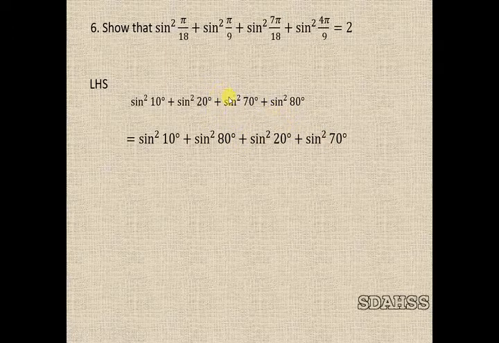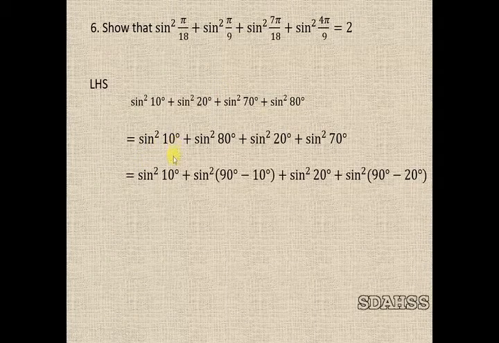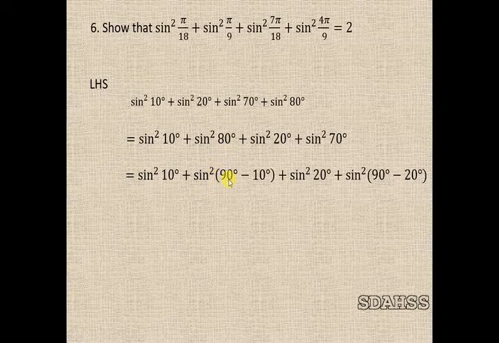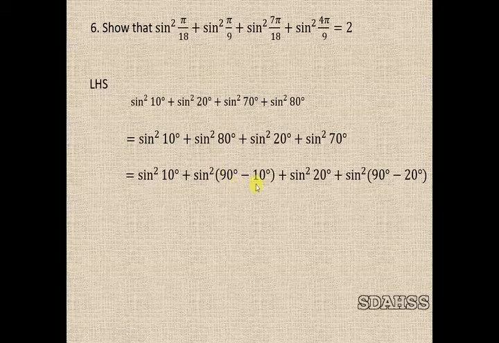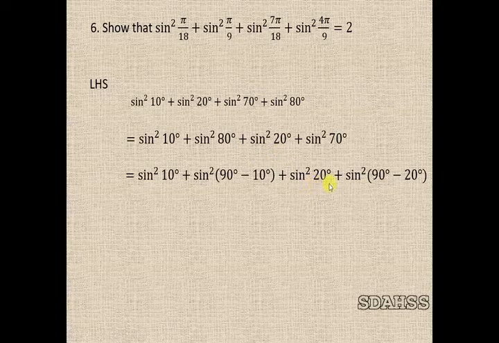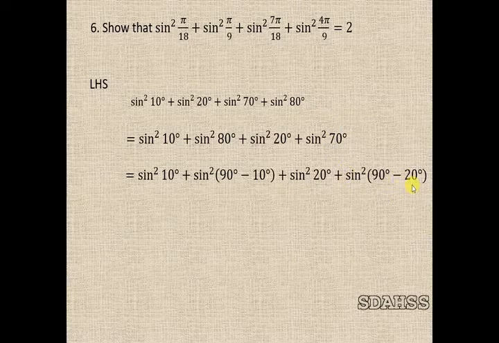Then keep the first term as it is, sine square 10 plus, in the place of sine square 80 we can write sine square 90 minus 10. 80 can be written as 90 minus 10. Plus you keep sine square 20 as it is, plus 70 can be written as 90 minus 20. So sine square 90 minus 20.